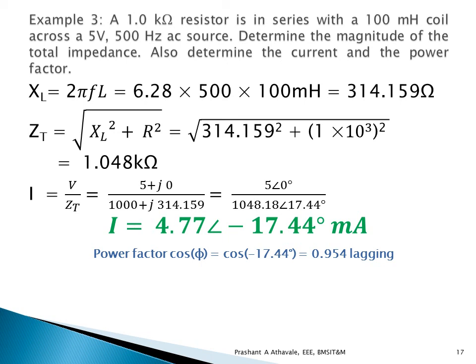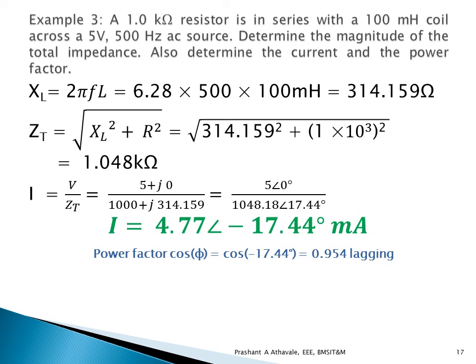So I have written it that way, and in the denominator I have written R plus J XL. R is 1000 and XL is 314.159. If you put these in polar form, it will look like 5 at an angle 0 and 1048 at an angle 17.44.